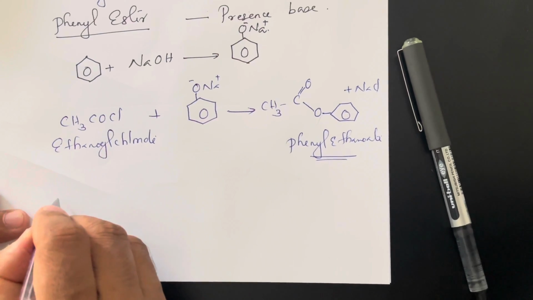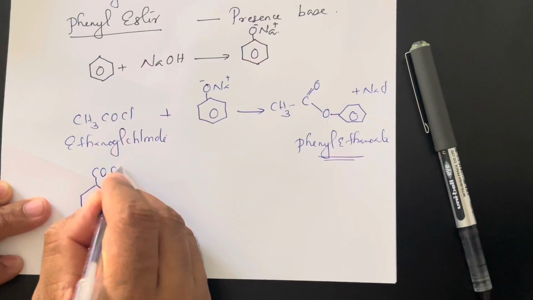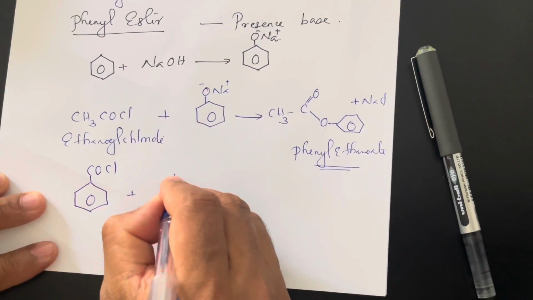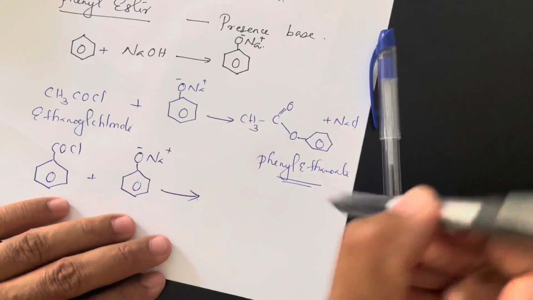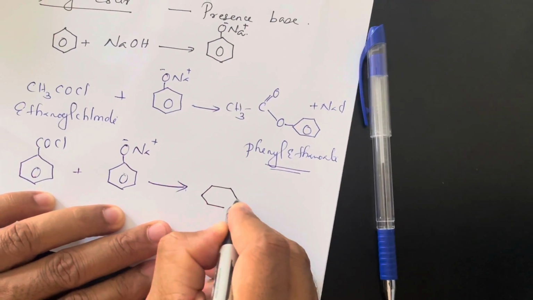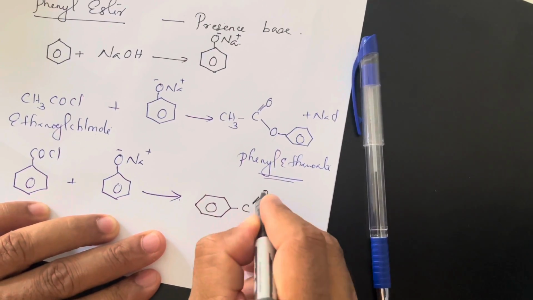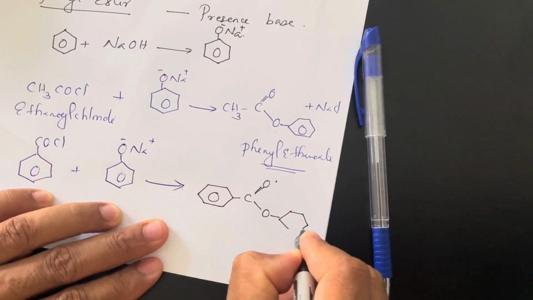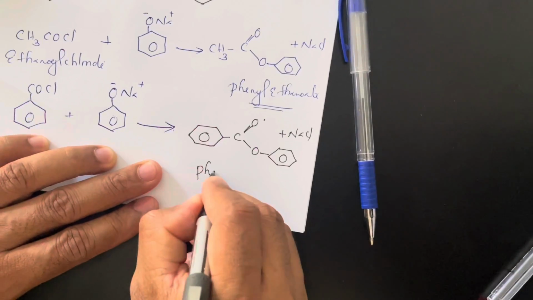So I will write one example: benzoyl chloride, benzene ring, COCl, plus sodium phenoxide. You will get phenyl benzoate, C double bond O, benzene ring, plus NaCl. This is phenyl benzoate.